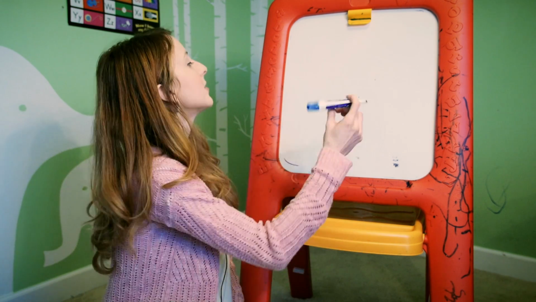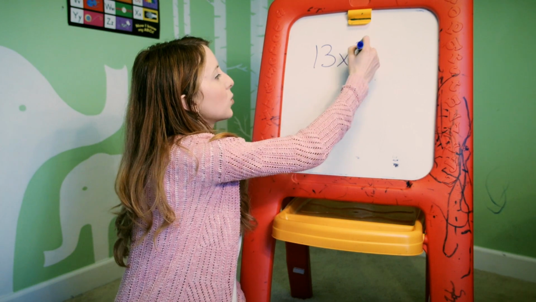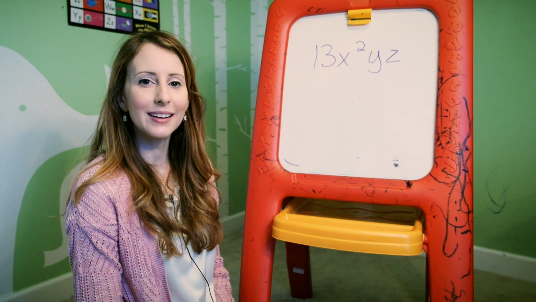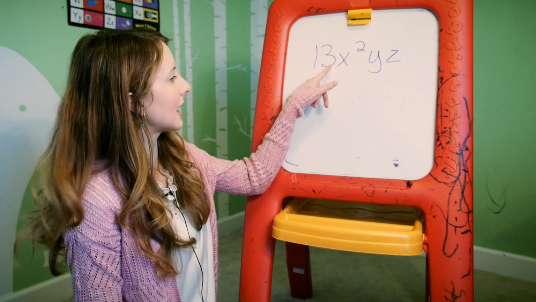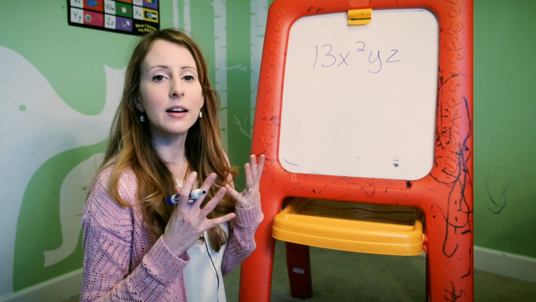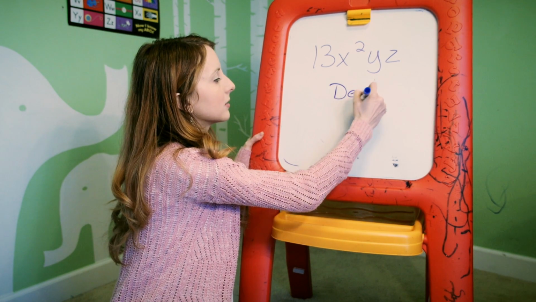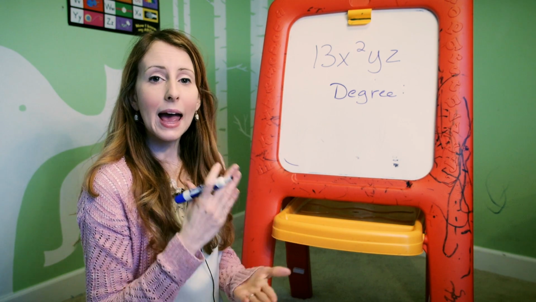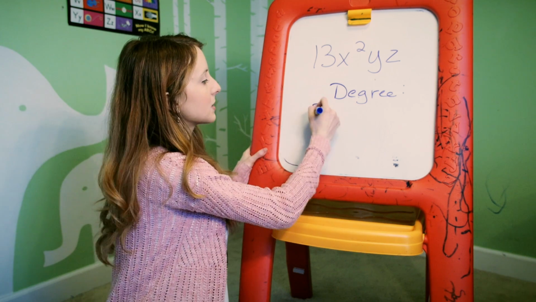All right, let's say you have a number like 13x squared y z. Notice this is made up of constants as well as variables. And on a number like this, you might be asked to find the degree. The degree can be found by adding all of the exponents, the sum of all the exponents.